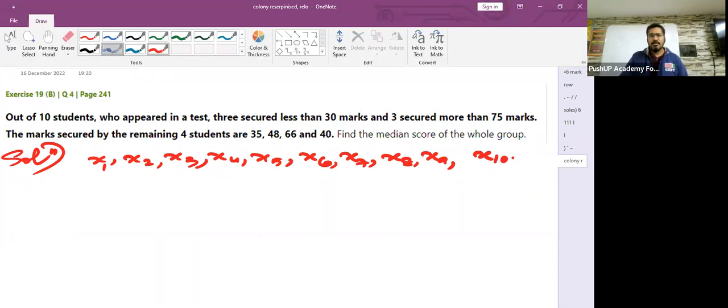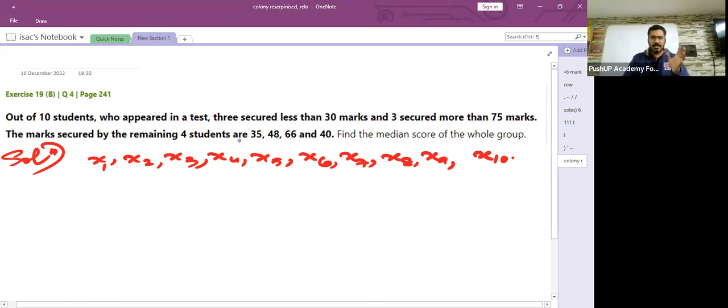The marks secured by the remaining 4 students are 35, 48, 66, and 40. Children, let me concentrate on these 4 numbers because these are the only numbers given to us, right? Other than this, they haven't given us any particular number.